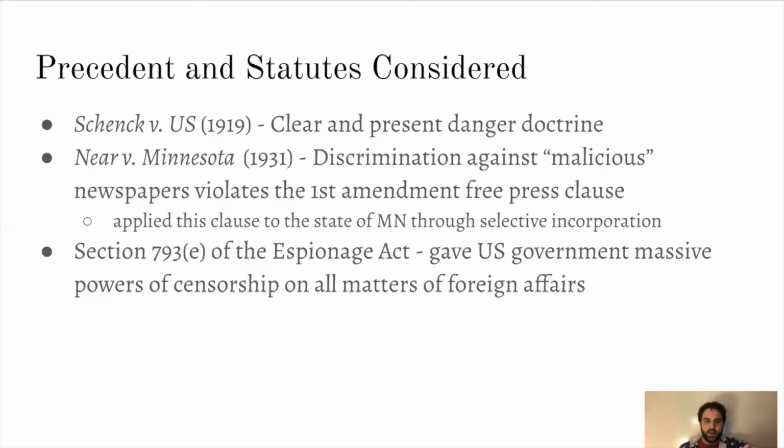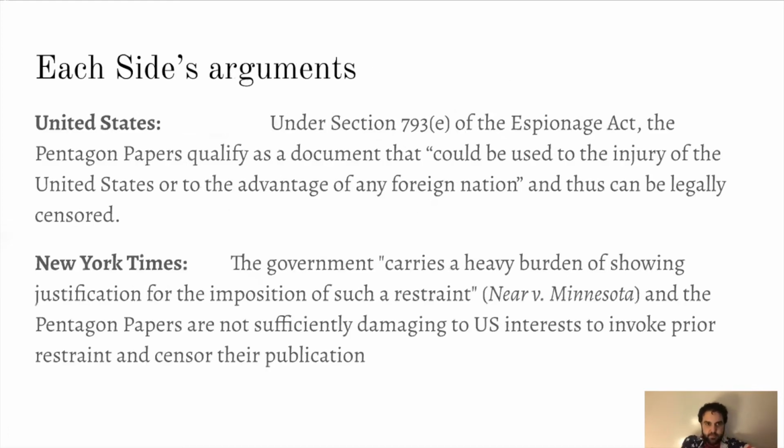They also looked at the Espionage Act, the act that Schenck was convicted under, that gave the government massive powers of censorship, particularly when it came to foreign affairs. The U.S. argued that this Espionage Act made the Pentagon Papers a document that could be used to the injury of the United States or the advantage of any foreign nation, and thus it could be legally censored.